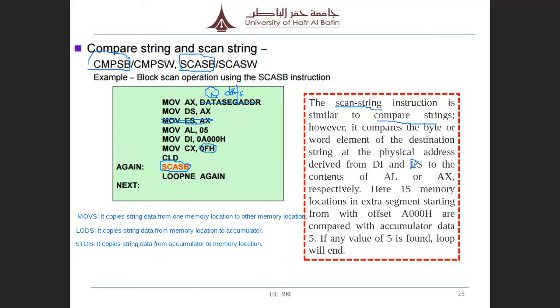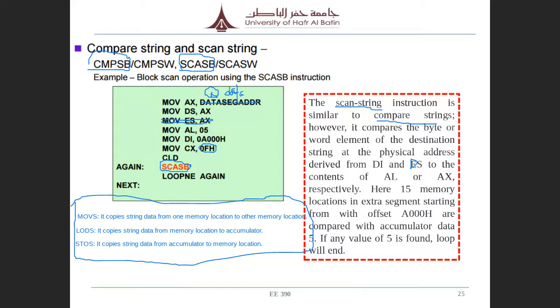So let's see. These three are similar types of instruction: move string, load string, and store string. So MOVS copies string data from one memory location to another memory location. This we have already seen. And load string copies string data from memory location to accumulator.